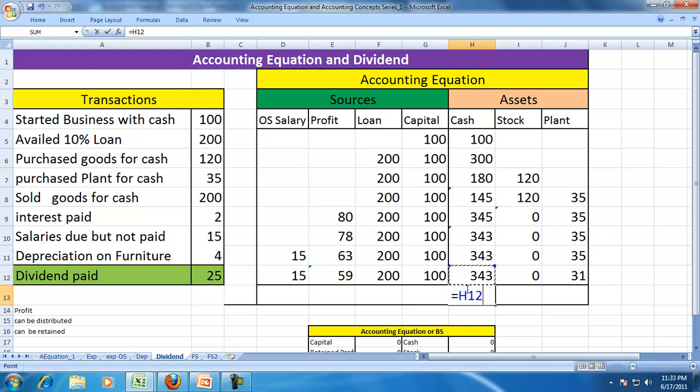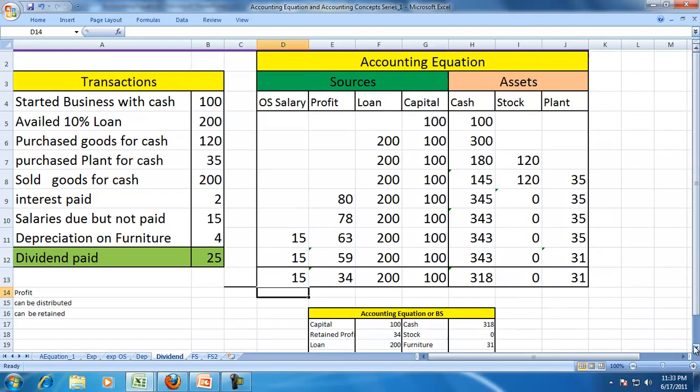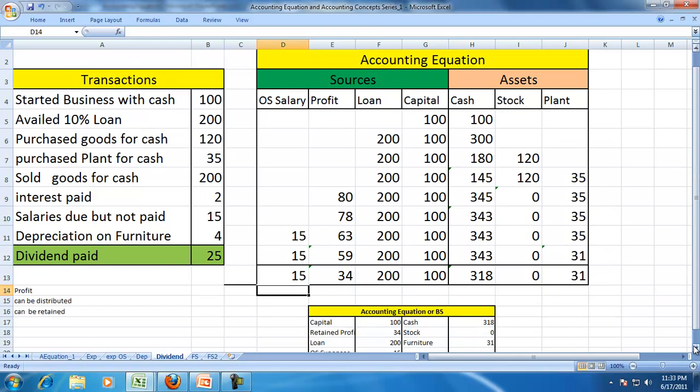That means my cash will come down by 25. No change in the stock, no change in the plant, no change in the capital, no change in the loan, but the retained profit is reducing by 25 and no change in the outstanding salary. So the dividend is a distribution of profit.